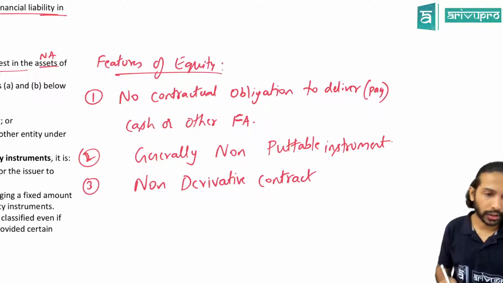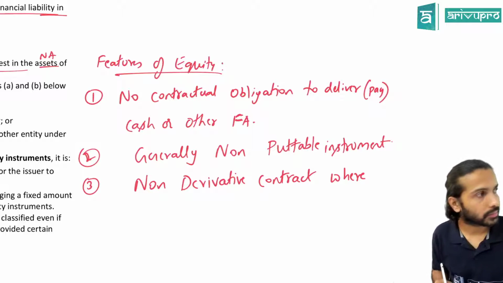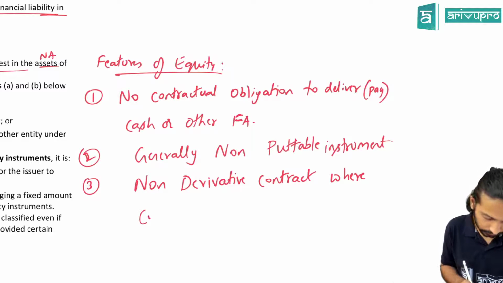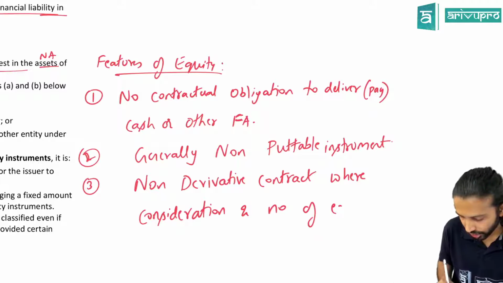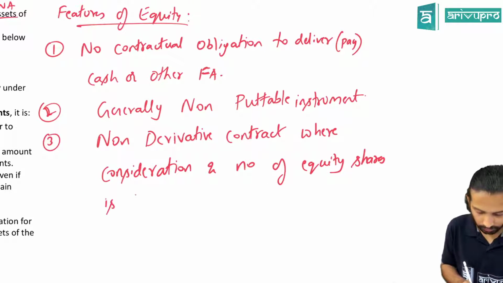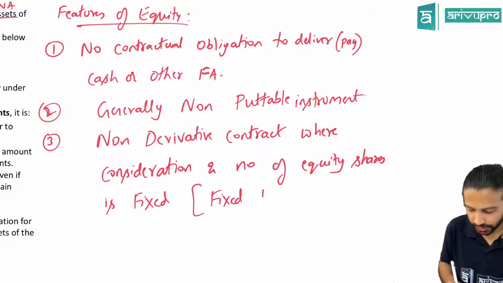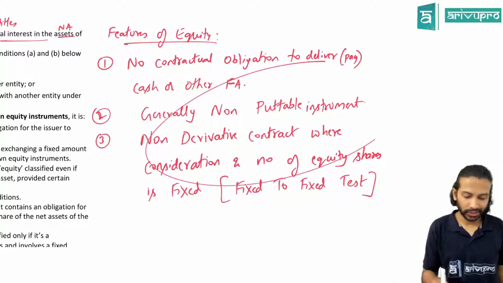Equity means it's a non-derivative contract where consideration and number of equity shares is fixed. This only we call it as fixed to fix test. These are some features. Remember this, that is good enough.